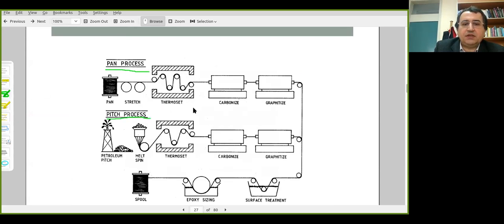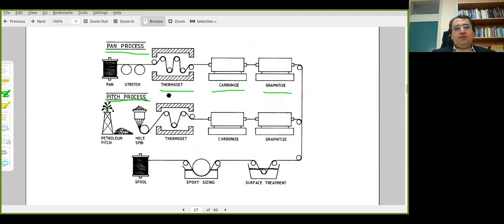There are three stages of processing: thermoset stage, carbonization, and graphitization. Temperature is raised in each step, and the precursor fibers are stretched.